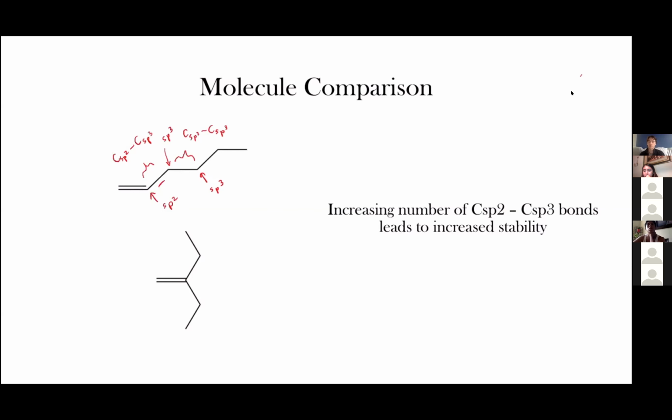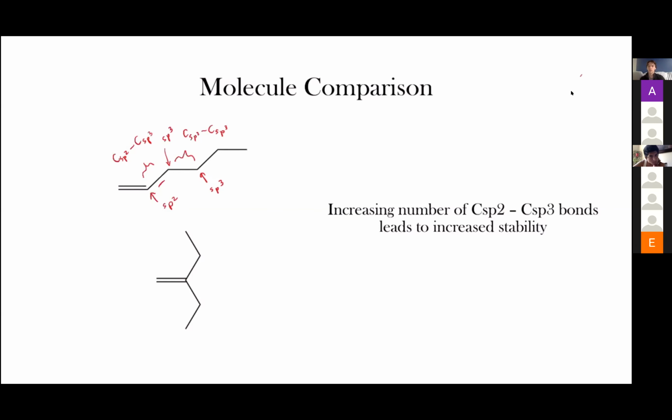Okay, so the sp3 is the highest energy hybrid orbital, and so a bond between two carbons that are sp3 is going to be less stable and less strong than that C-sp2 C-sp3 bond.